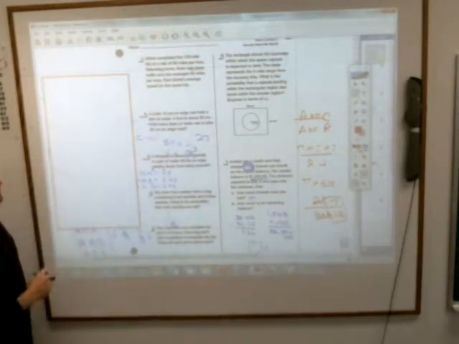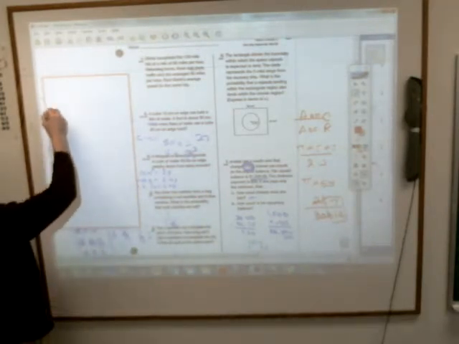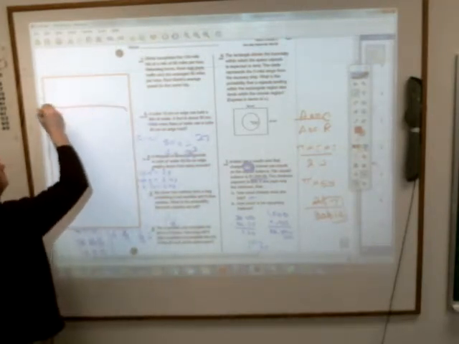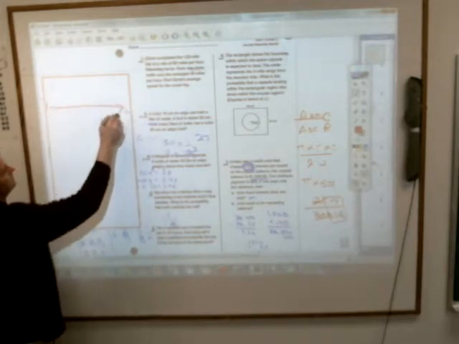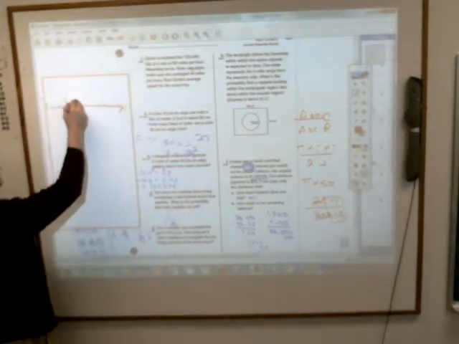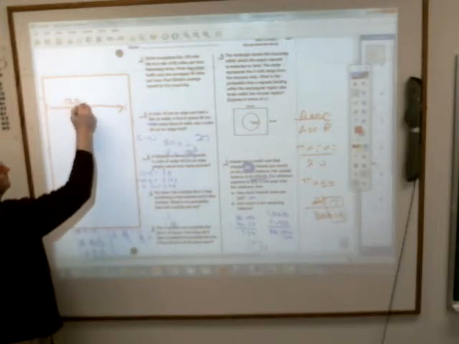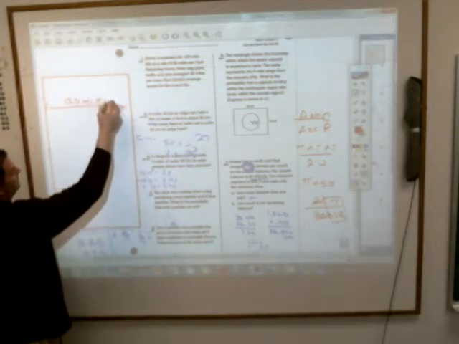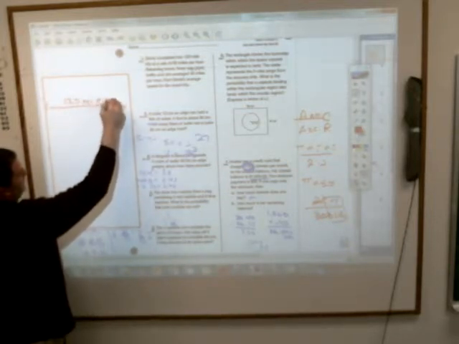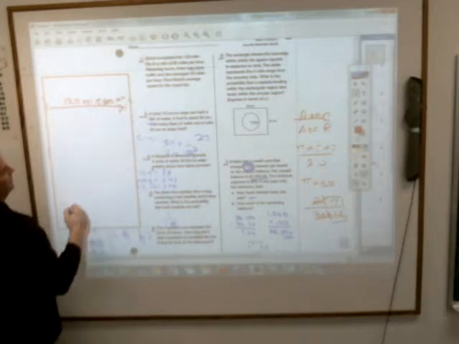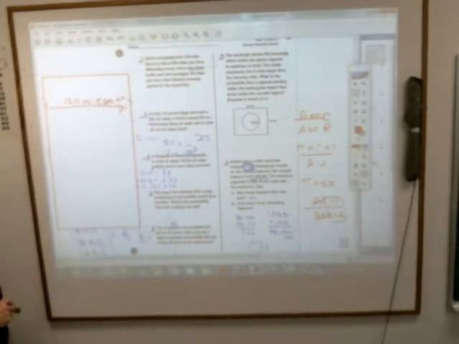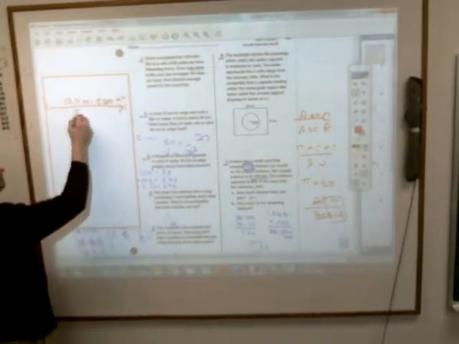Alright, Gloria went how far? 120 miles. And how long did it take her? She went 120 miles at 60 mph. So how long would it take her to do that 120 mile trip? 2 hours.